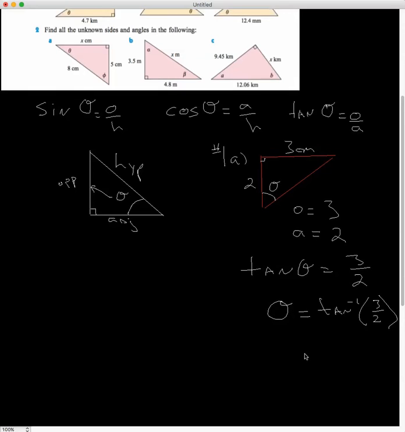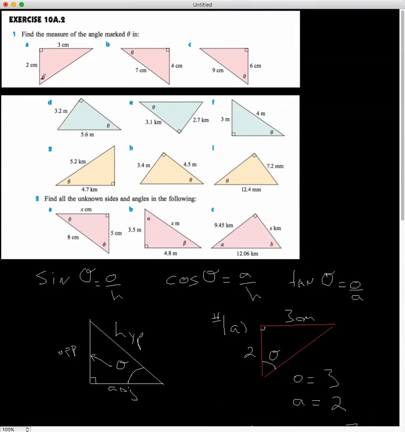Since we're searching for an angle, we have to remember that the angle is equal to the inverse tan of this ratio 3/2. Make sure that your calculator is in degrees. When we do this, we get 56.3 degrees, which is 3 significant figures. So there's our angle, an example of 1A.